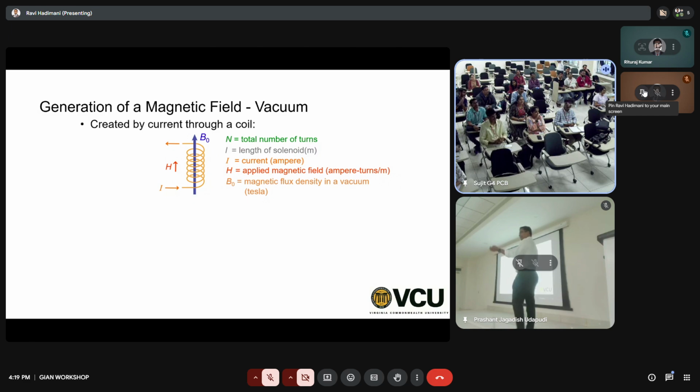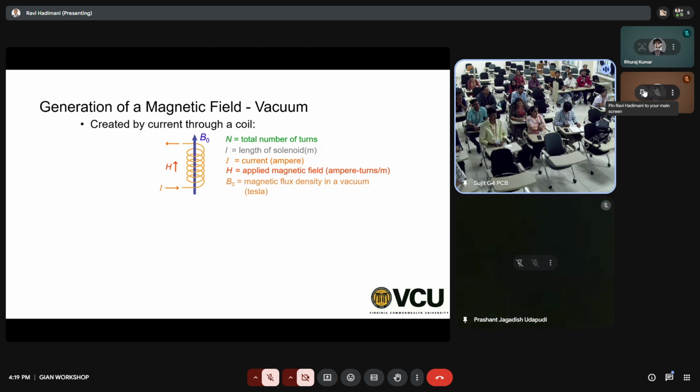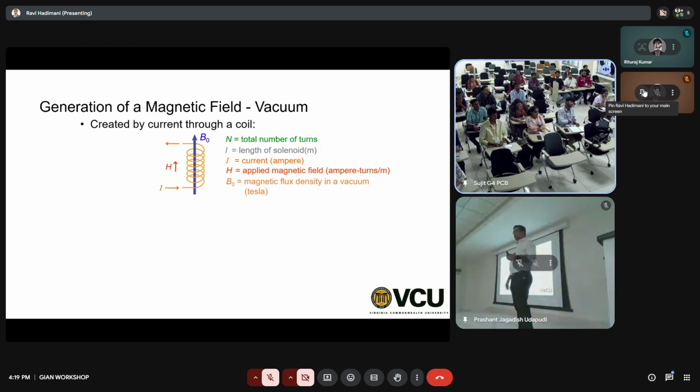Any current carrying conductor produces a magnetic field. So charge in motion creates a magnetic field. Any wires that carry current will have a magnetic field around them. So currents, that is charge in motion, create a magnetic field.